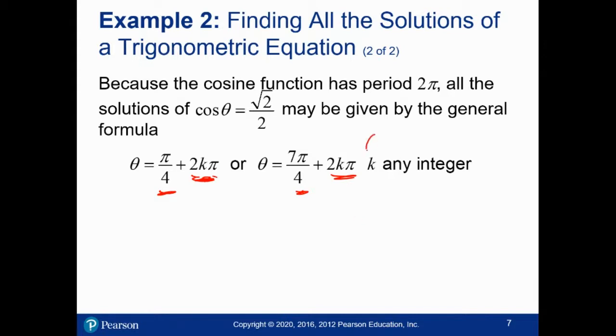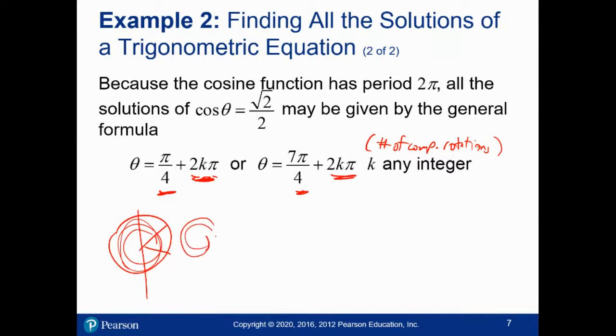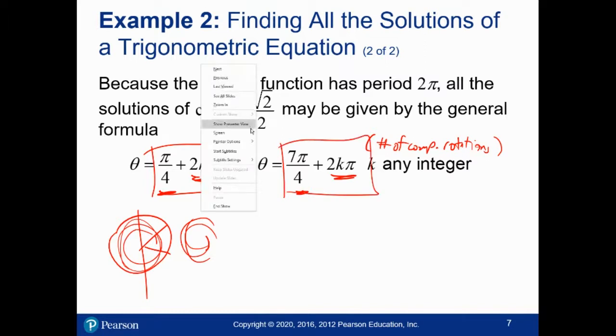So k is the number of complete rotations that you're doing in addition to the angle. So pi over 4 plus any integer times 2 pi, or 7 pi over 4 plus any integer times 2 pi will be all of the solutions.